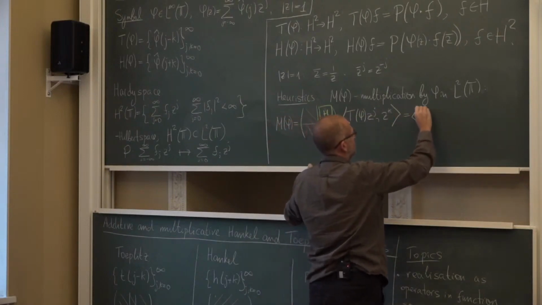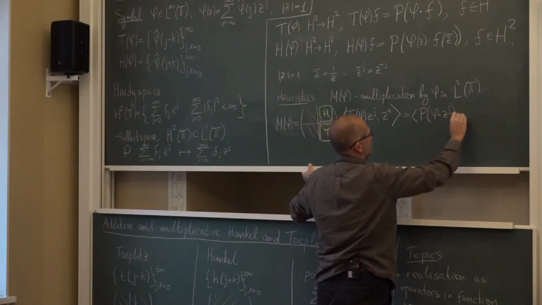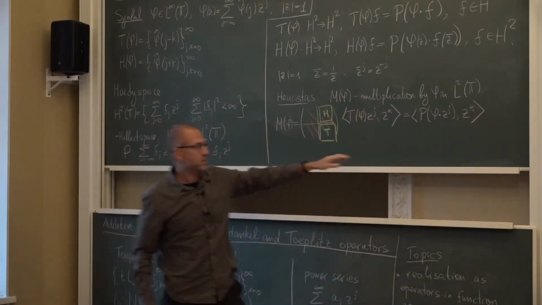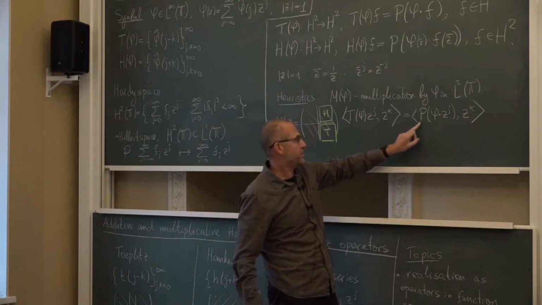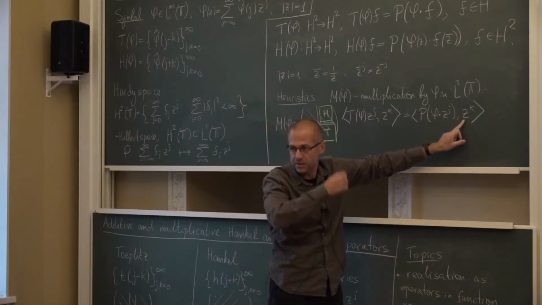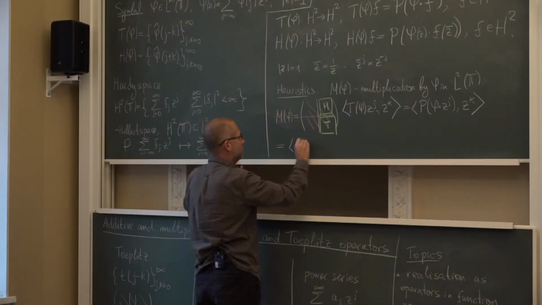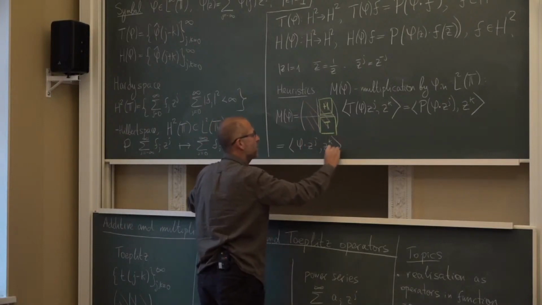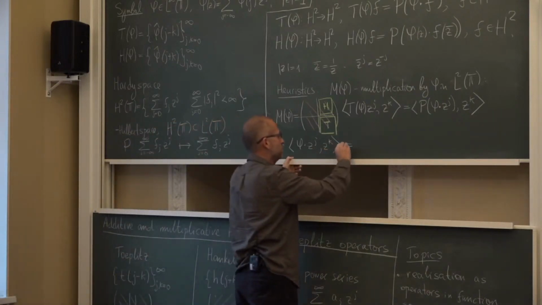So this becomes the inner product of the projection of phi multiplied by Zj, with Zk. Now Zk is already analytic because k is positive. So I can move this P to the other part, but then I remove it, because P of Zk is Zk. I end up with the inner product of phi times Zj with Zk, and this is the inner product in L2.